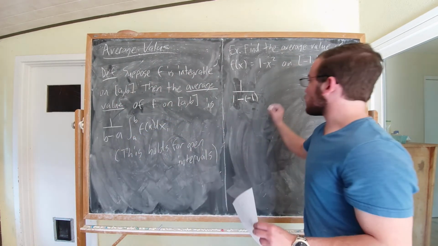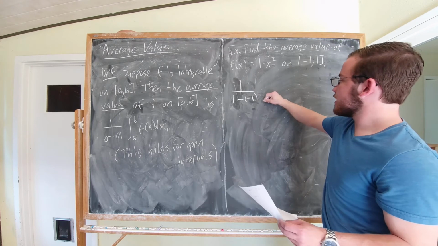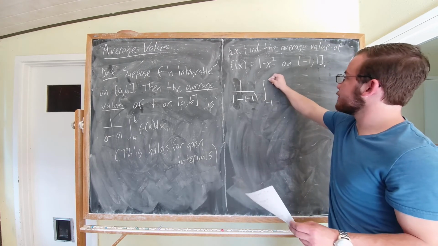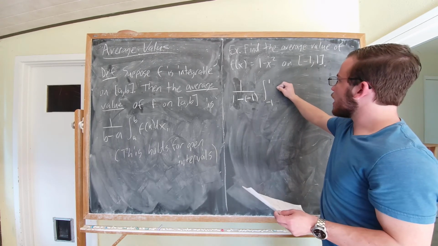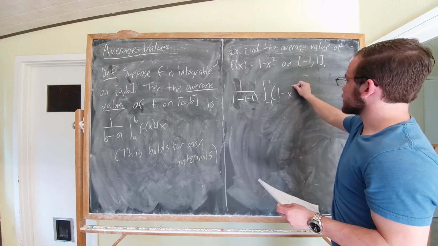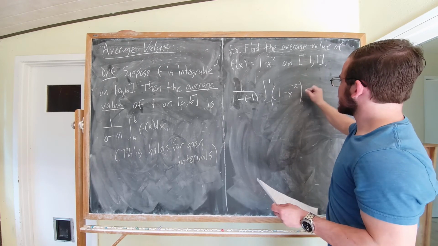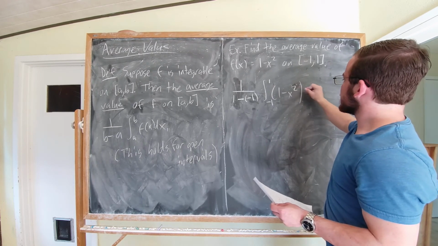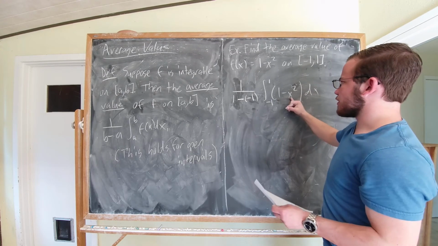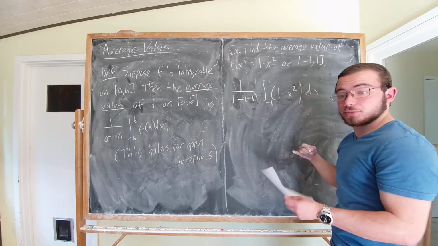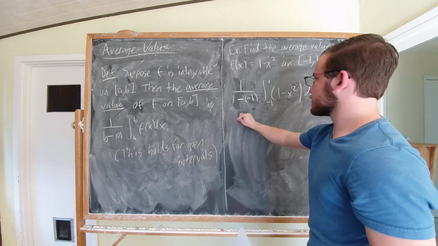So you have 1 over 1 minus -1 times the integral from -1 to 1 of 1 minus x squared dx. No, it's 1 minus x squared, not 1 minus x, squared, so we can get away without doing U-sub.